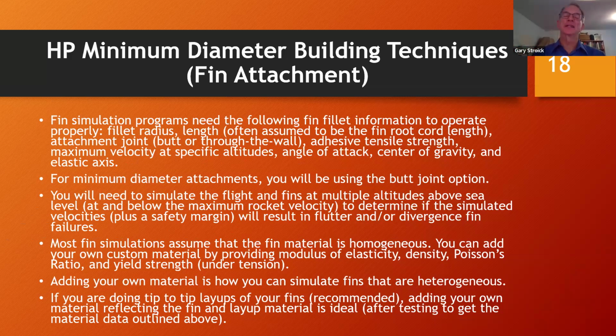Some of these tools, like FinSim, for example, let you look at how that adhesive is performing under different angles of attack with respect to the fin. We're probably looking at just a couple of degrees at most, but if you get further off, there is certainly a much greater stress on the fin.